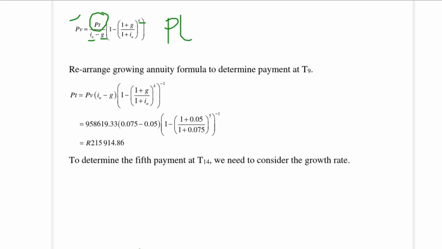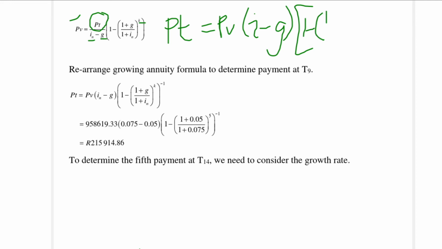So the payment will be the present value. Okay, so we will use that formula then to find the first payment. And that is what we then have over here.